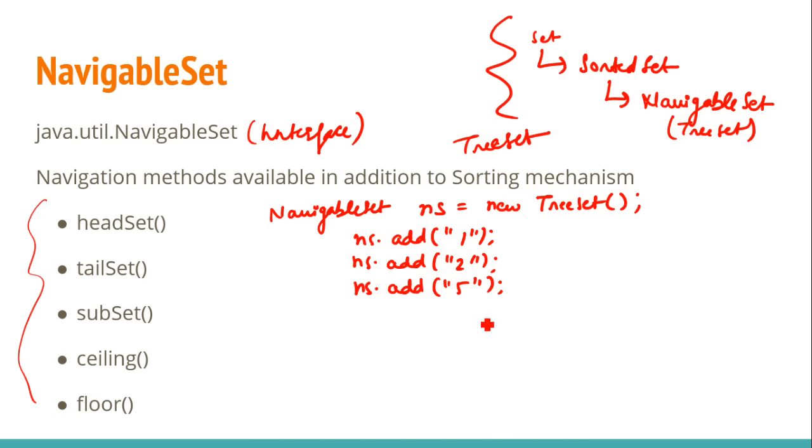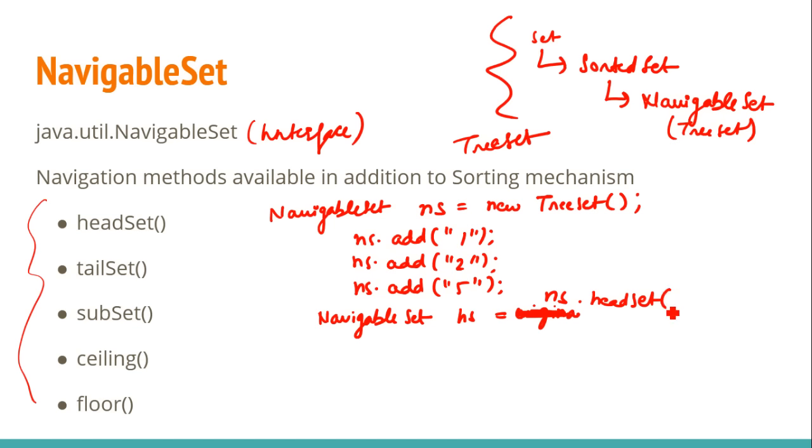Now, the headSet method returns a view of the original set which only contains elements that are less than the given element. So you create a headSet: NavigableSet, let's say hs, that is headSet, equals ns.headSet.